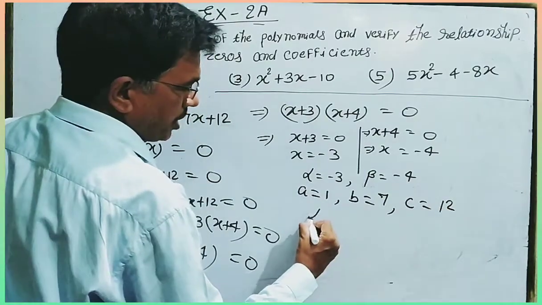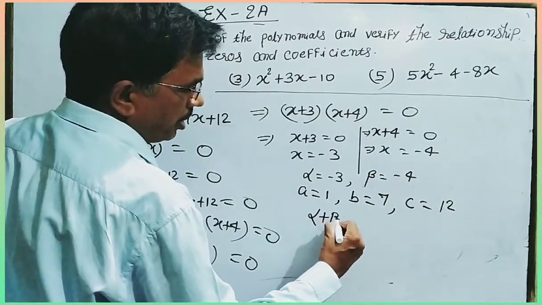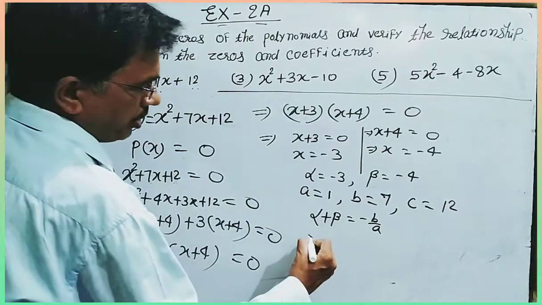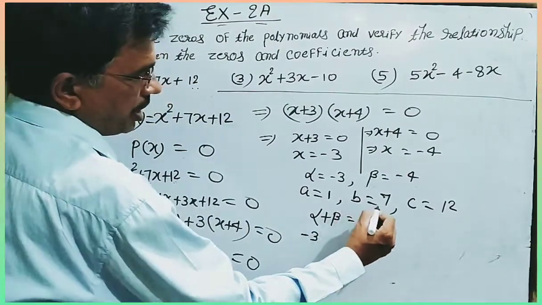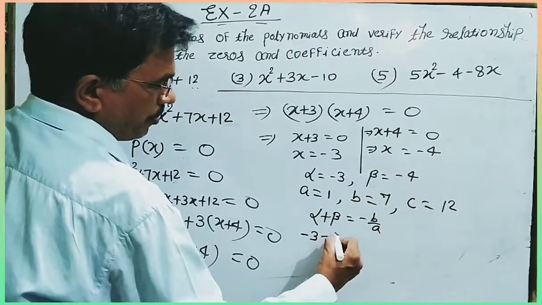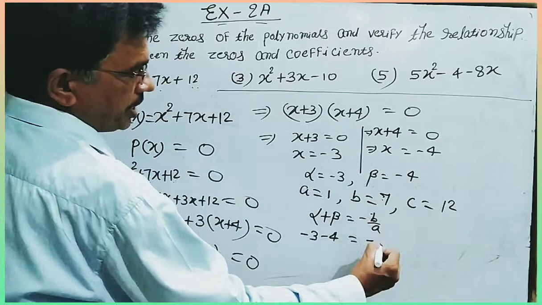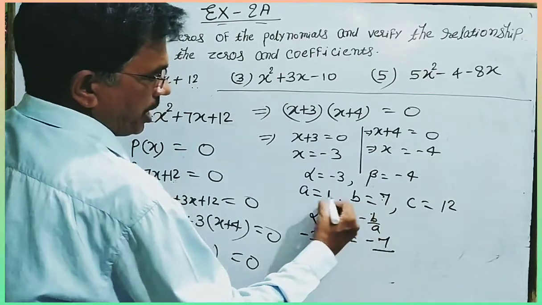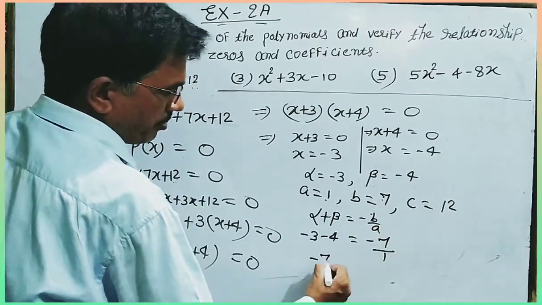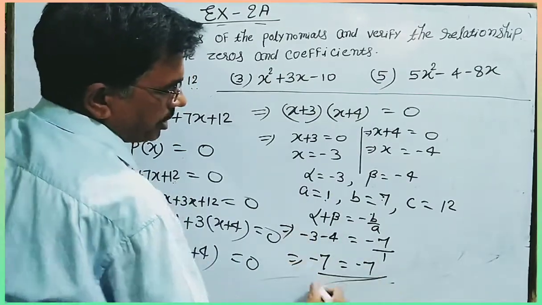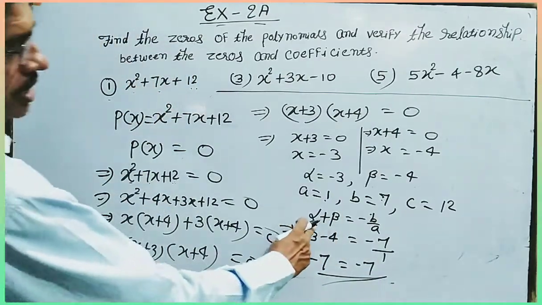And the relationship is alpha plus beta is equal to minus b by a. Then alpha is equal to minus 3 and beta is equal to minus 4, is equal to minus b, b is 7 and a is 1. So it is minus 7 and it is also minus 7. That satisfies the equation, that is the relation between them.